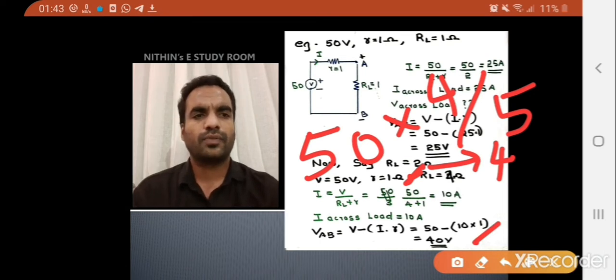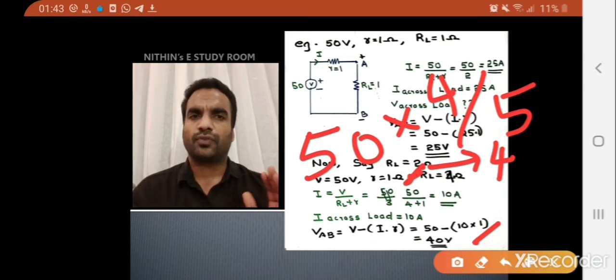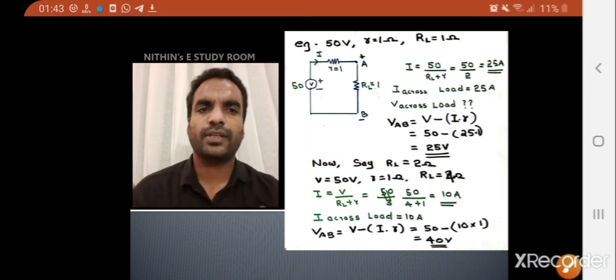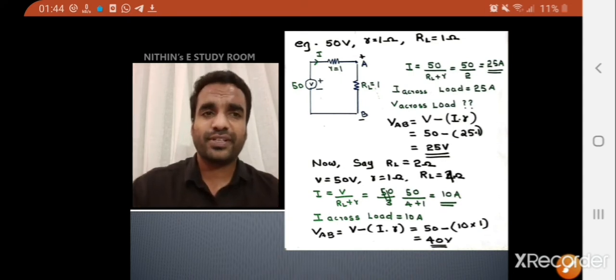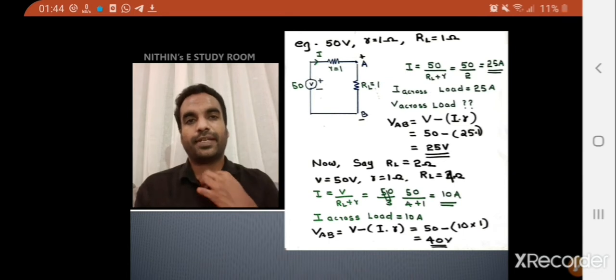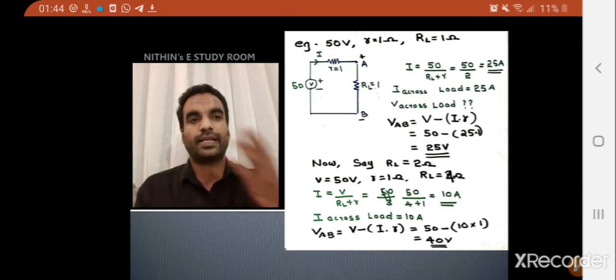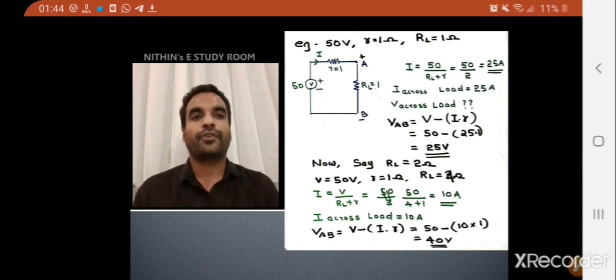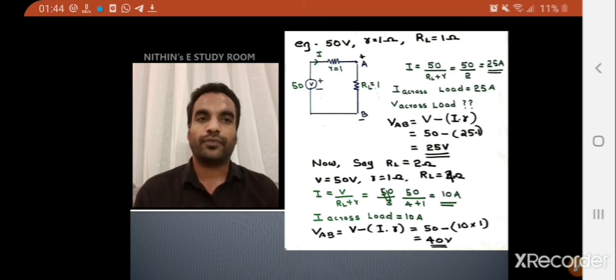So you can use whichever method. You can do the voltage division rule, or you can apply Kirchhoff's voltage law in such cases. So now what is our conclusion? That is the important thing. In case 1, with a current of 25 ampere, we get a voltage of 25 volt.